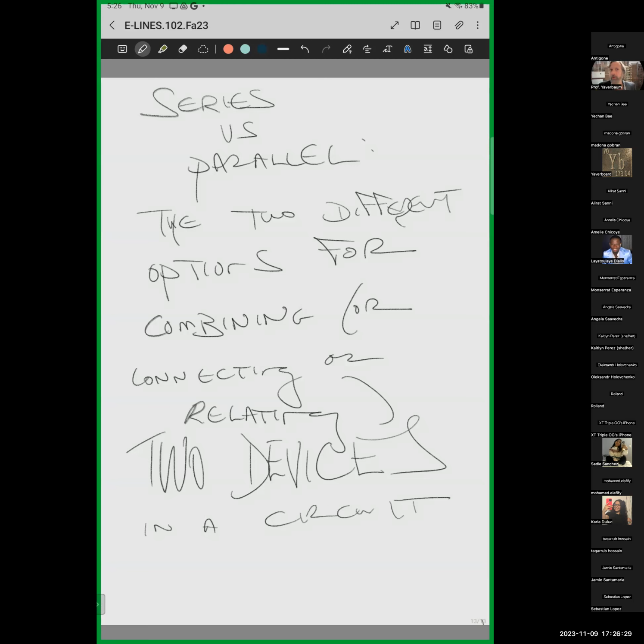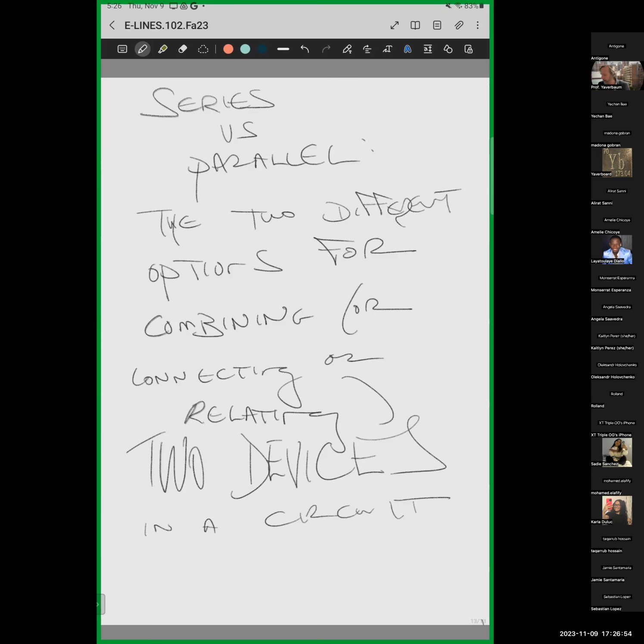But also series versus parallel sound like two different ways to describe a circuit. You'll hear in life a lot of times, oh, this is a series circuit or this is a parallel circuit. And that's a misconception. That confuses the issue. A circuit does not have to be identified as one type or the other. A circuit could involve lots of series configurations and lots of parallel configurations.